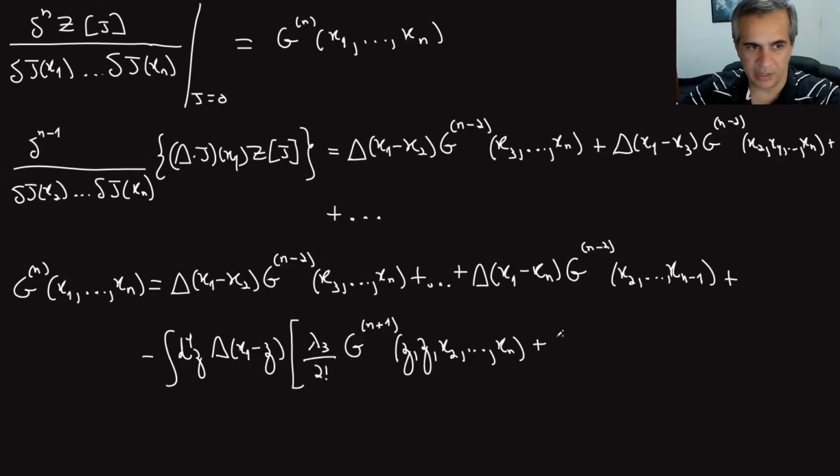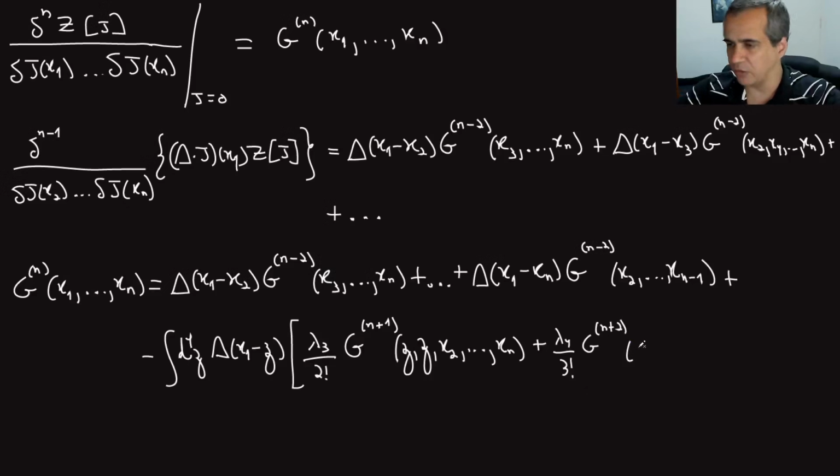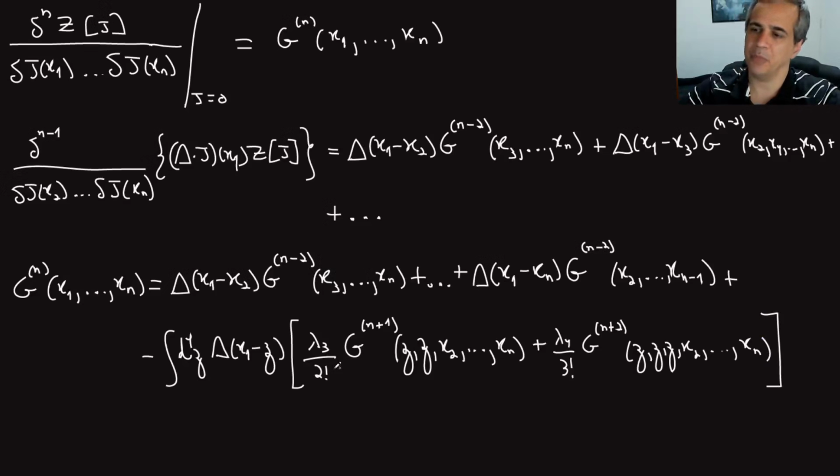And the same thing for the other part: I have lambda 4 over 3 factorial g n plus 2, because then there is even one more derivative in j of z, and x2 through xn. And there you go. That's the relation I wanted to show.